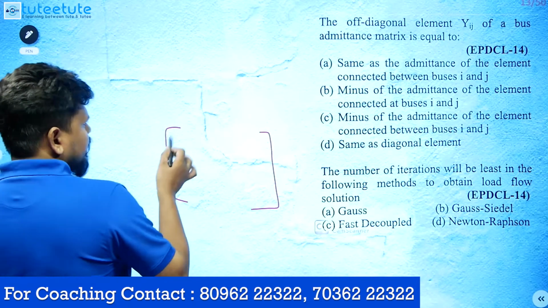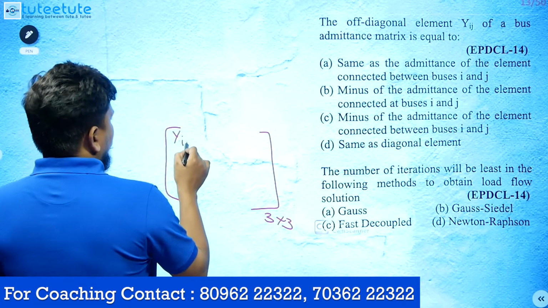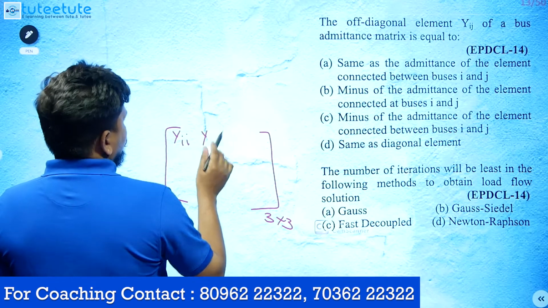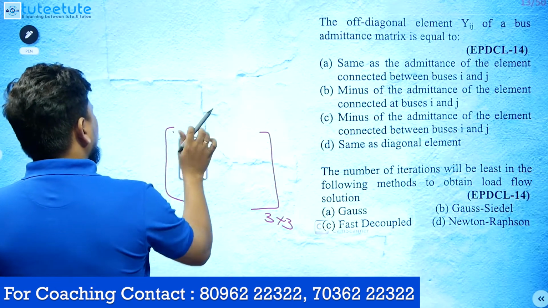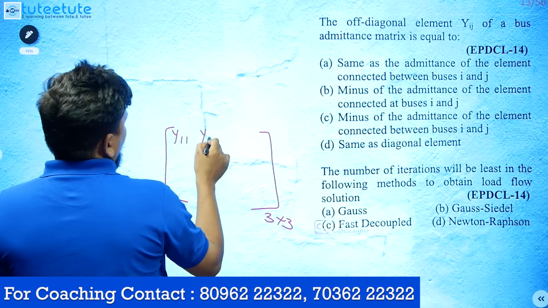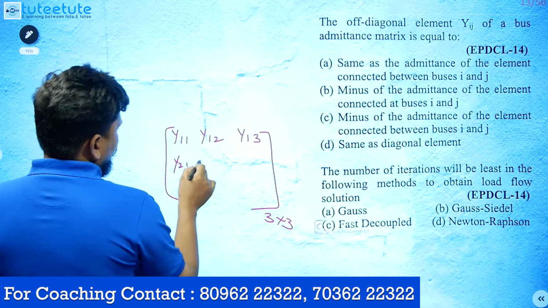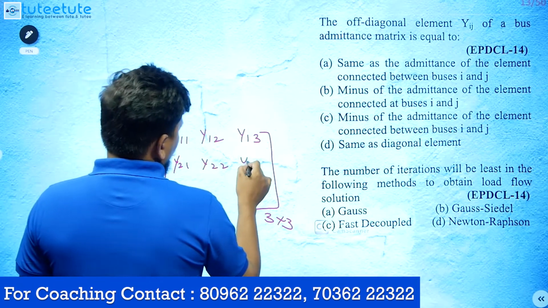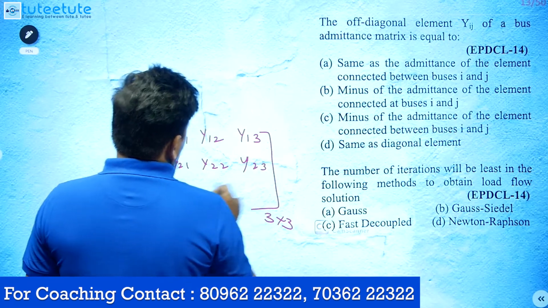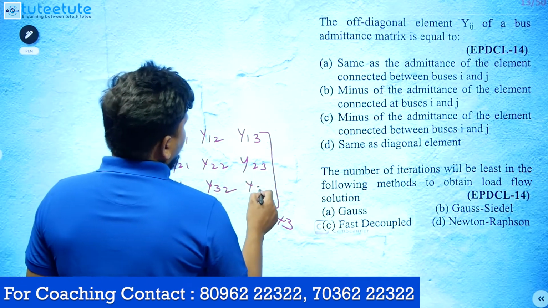Generally if it is 3 by 3, we can write Yii, or otherwise use the bus names: Y11, Y12, Y13, Y21, Y22, Y23, Y31, Y32, Y33.